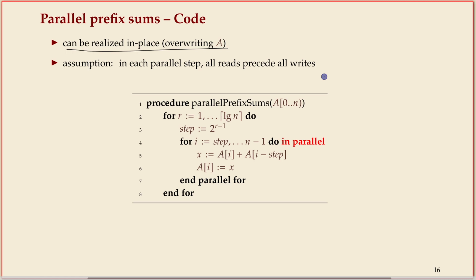But because we're working on the PRAM, everything works in lockstep. So when I do one round of writing to the array, and then the next round reads elements, I can rely on all the writes going through before any of the reads start. Everything's nicely ordered. I do one step after the other.